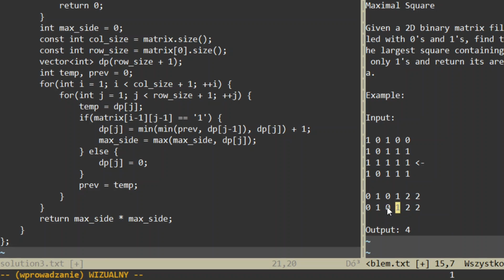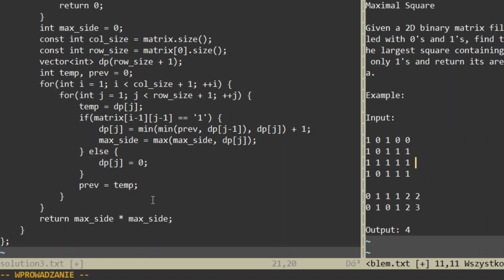So this will be 0, 1, and here previous was 1. Here with 1, so 1, 1, 2 will be 3 here. The minimum is 1, and plus 1 will be 2, and this will be 2, 2, and 3. And you have found 3 in this section. So 3 squared will be 9.